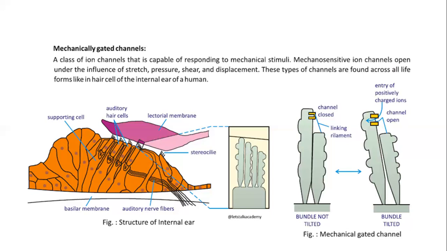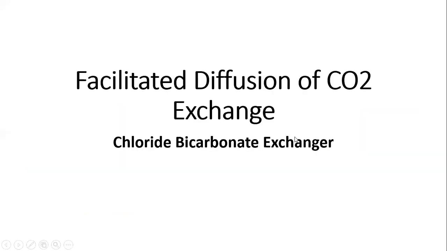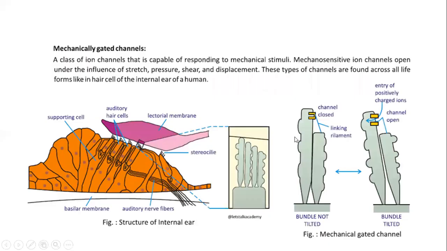Now how these receptors are present: you can see the supporting cells, and each auditory hair cell is connected to the auditory nerve fibers. So when sound waves are coming, what is happening? They are getting tilted because of the waves.